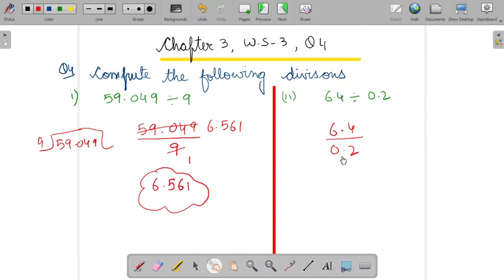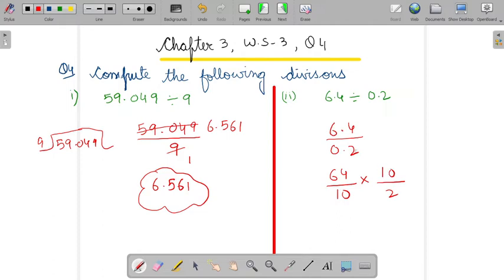So in such a case, we have to remove the decimal first from both the sides, from the numerator as well as denominator. So if we remove the decimal from the upper part, it will become 64 upon 10. And if we have to remove the decimal from the denominator, its term will come on the upper side.